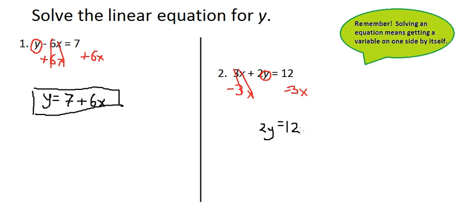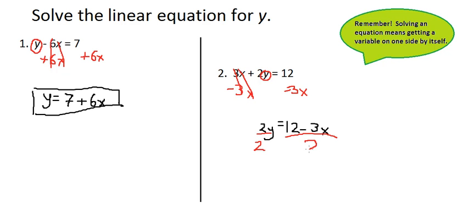So 12 minus 3x. Alright, we're almost done. Remember, y has to be all by itself. Right now, it still has that 2 with it. So the way that you get rid of multiplication, remember 2y means 2 times y, is by dividing. So we're just going to divide both sides by 2.